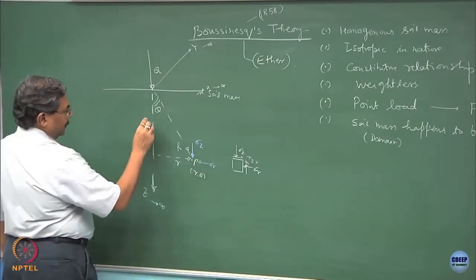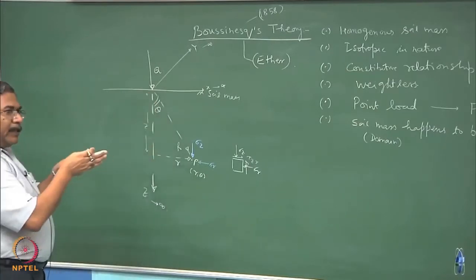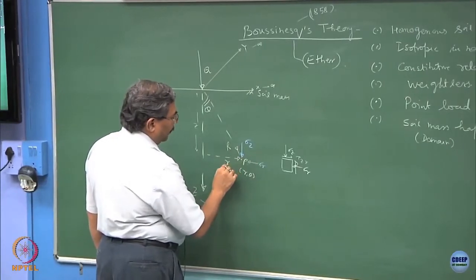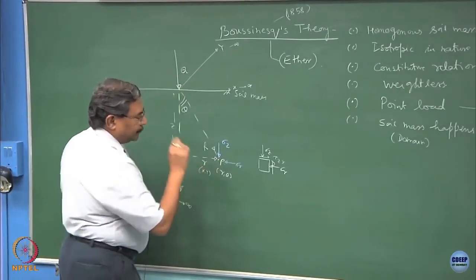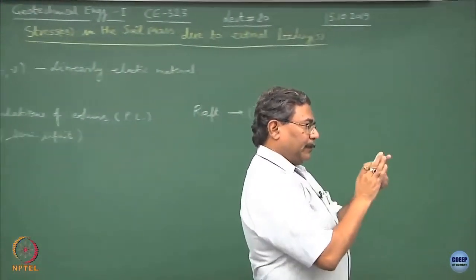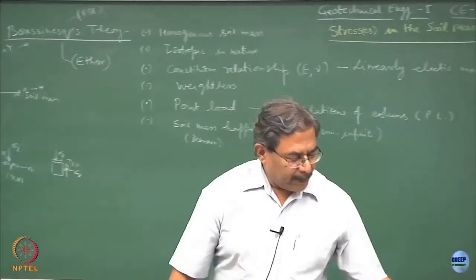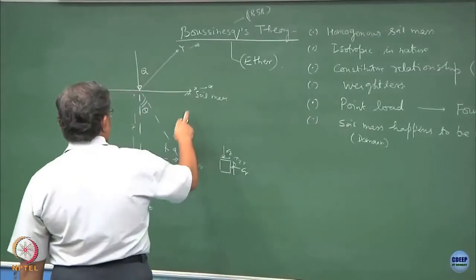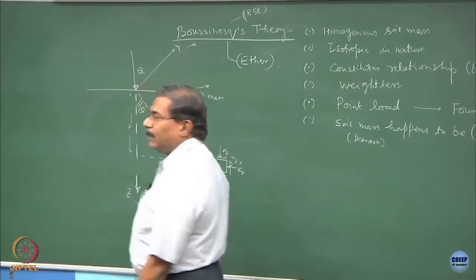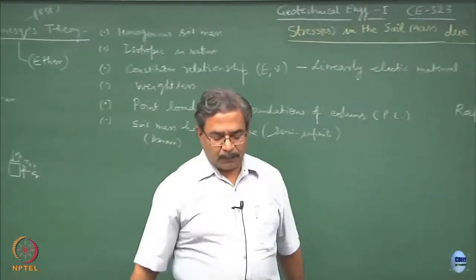So, I am assuming this distance as z, and if you look in 3 dimensions at point P, there is a component of r which is a function of x and y. This will be x and y, correct. So, this will be in the xy plane, because that we have already taken, alright. So, r will be under root x square plus y square. So, this is the plane in which this point is sitting.